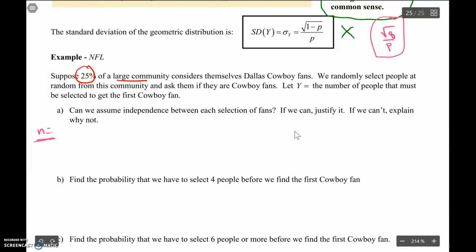Well, I guess what I'm going to say is, for reasonably small values of n, n is going to be less than 10% of the population.